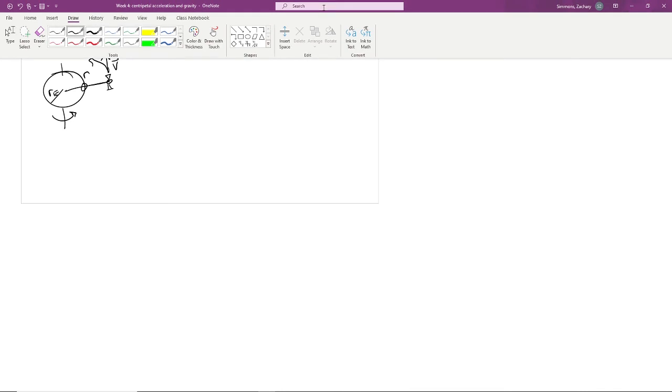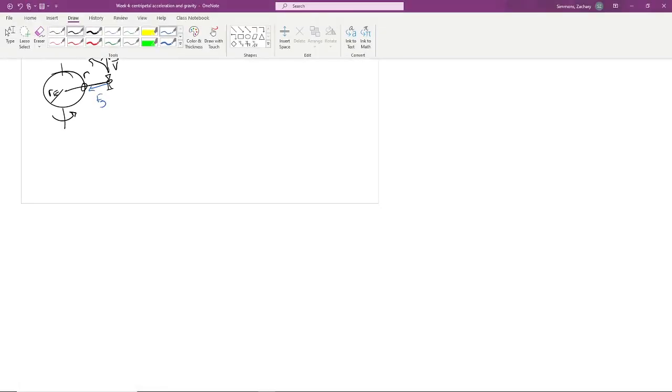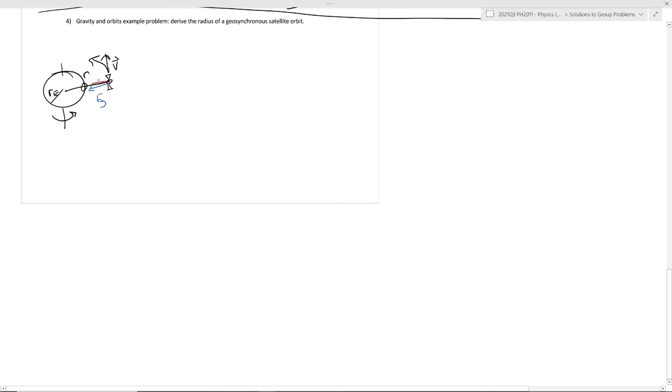What else? Let's put a vector in here to indicate that this is the force of gravity. It's providing this centripetal acceleration, and let's also put in a vector just to reinforce the idea that that centripetal acceleration is pointing towards the center of the Earth. Okay, so we can start from scratch.